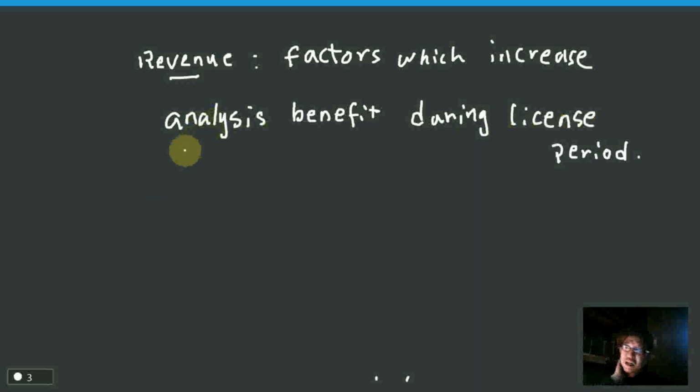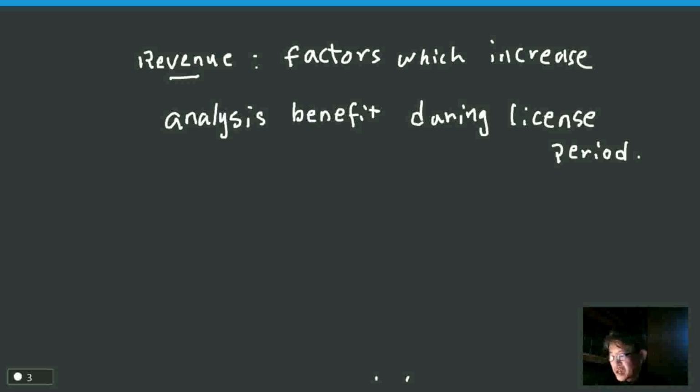The benefit should be within the license period. Okay, within the license period.